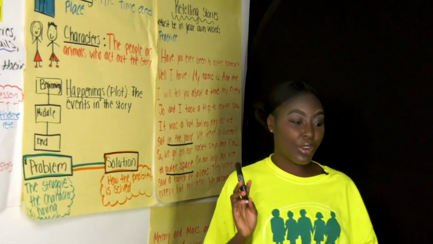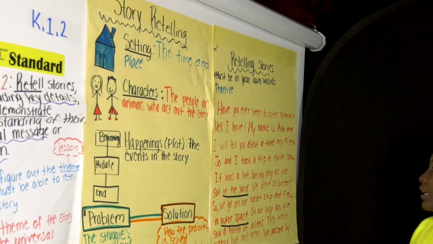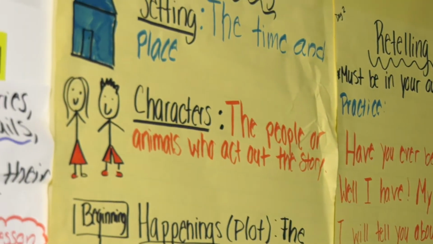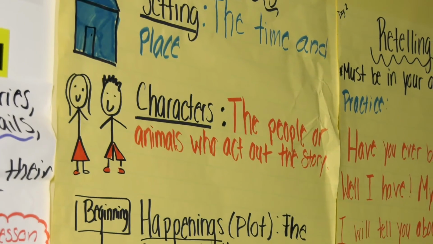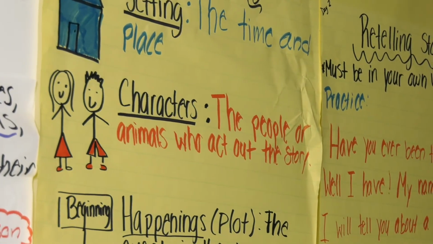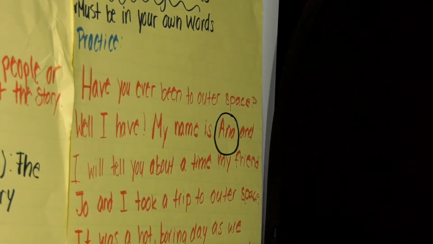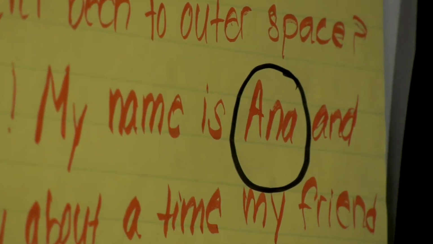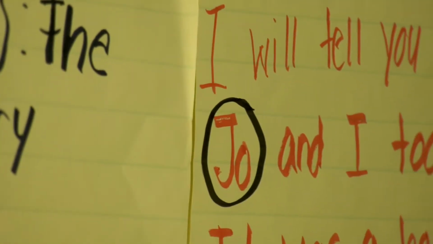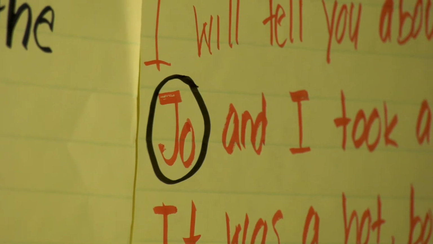Now the next step, boys and girls, is to find out the characters. This time we're gonna circle the characters instead of underlining, okay? So now we have a name here. Names help us see characters really quickly. Okay, and then she says she has a friend, and that friend is Joe. So we're circling Joe. Are there any other characters?